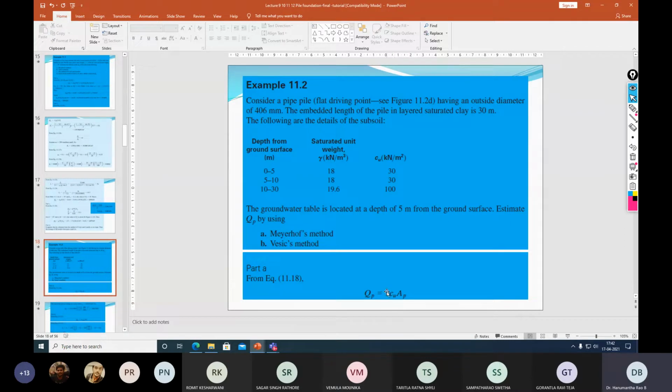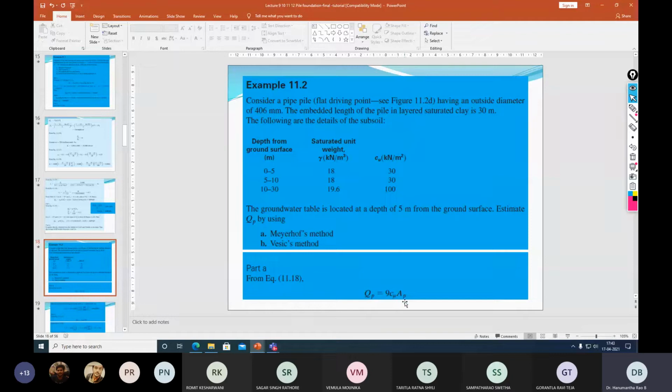So when you are dealing with deep foundations in clay, you can directly write the equation as 9 Cu into Ap.